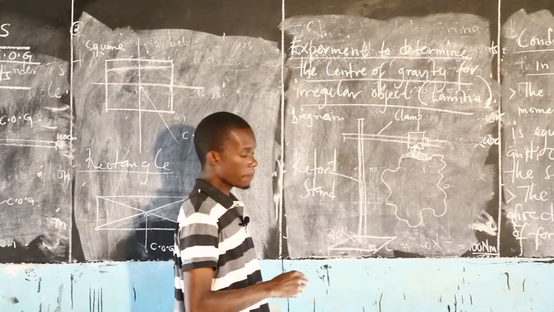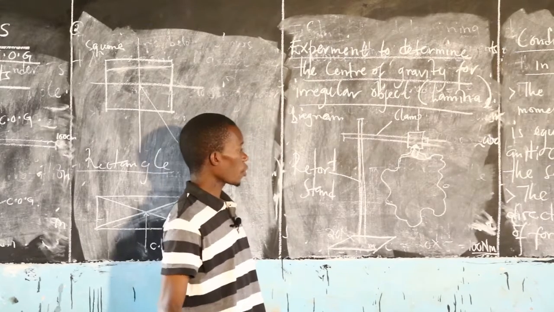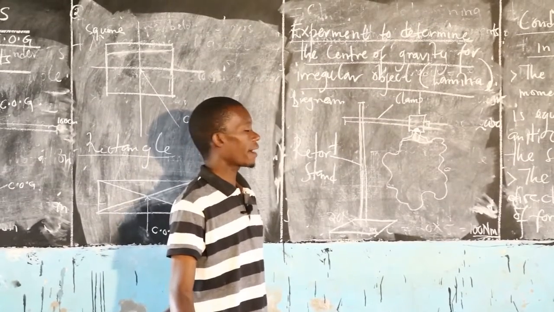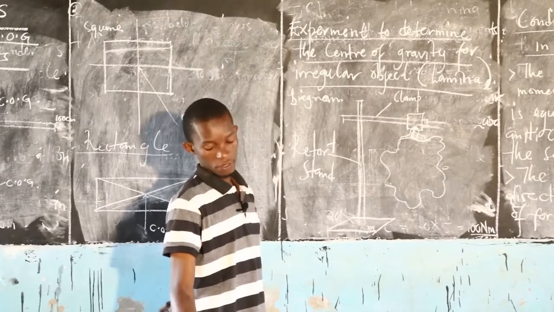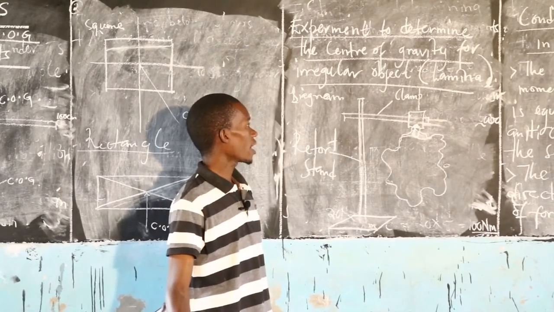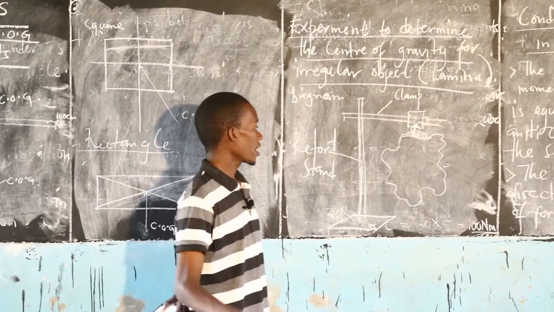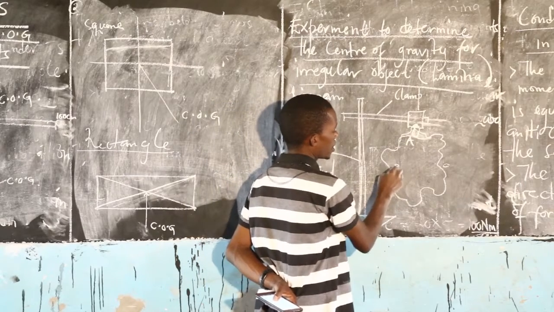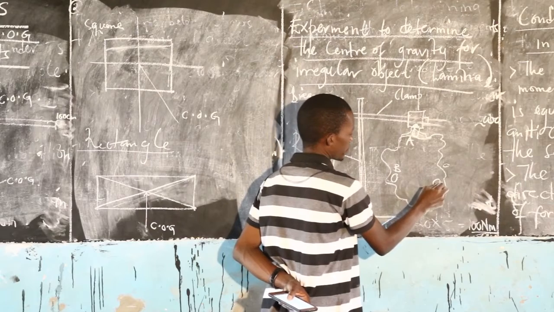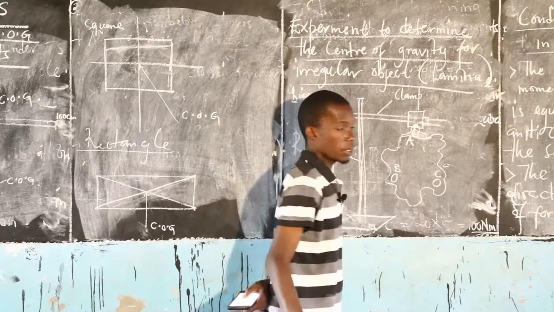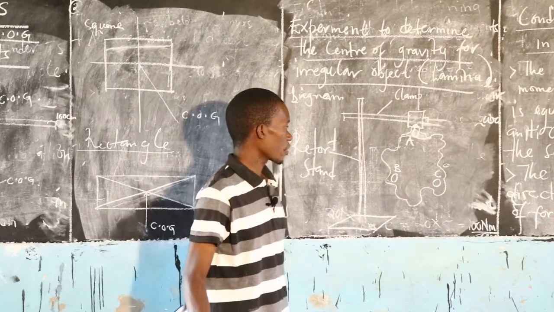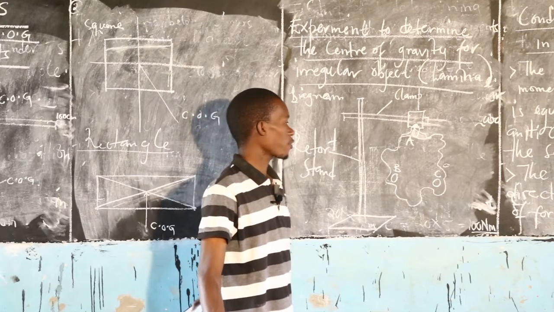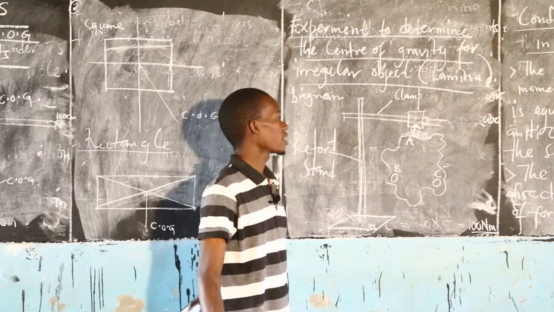This is our diagram. What we do, holes are made on the irregular object which is lamina. Holes A, B, and C. When the holes are made on the lamina, remember I wanted you to find the center of gravity.